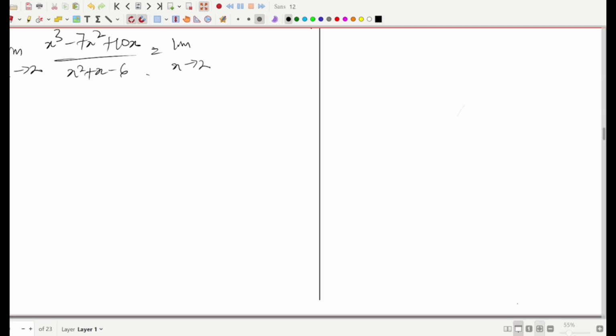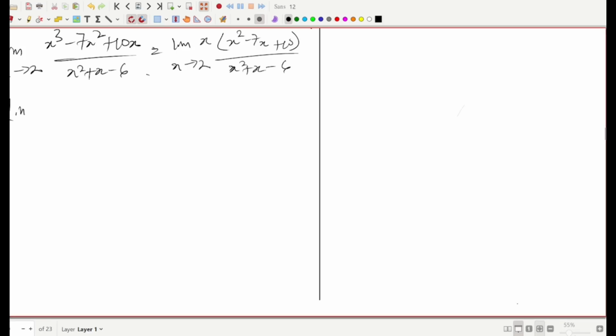We can factorize the top expression, right? We can first factorize out x. What do we get? x squared minus 7x plus 10, divided by x squared plus x minus 6.